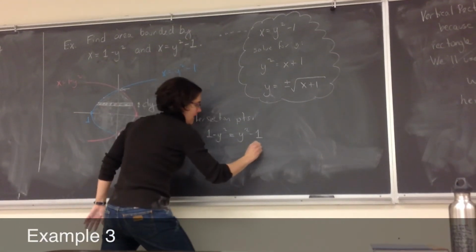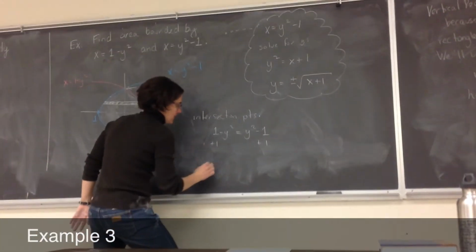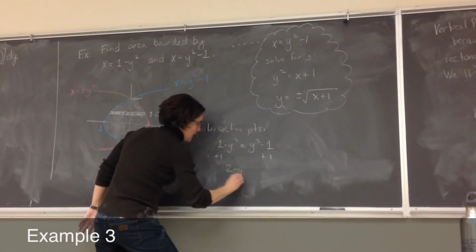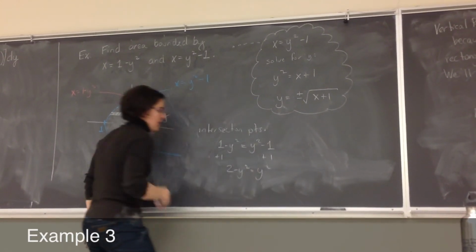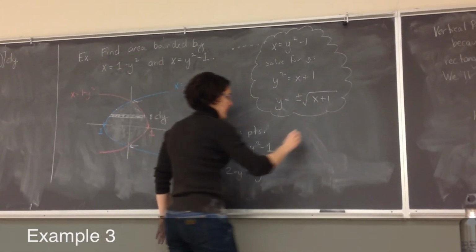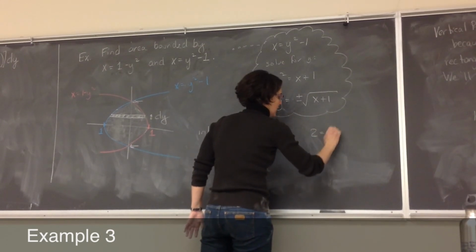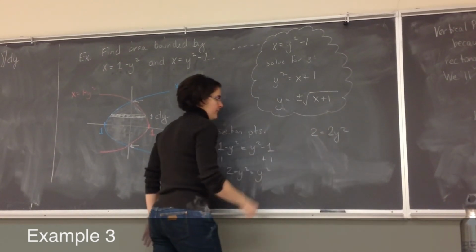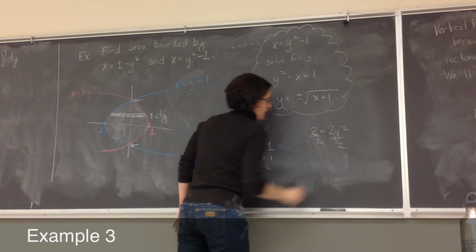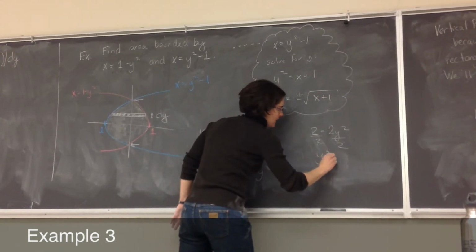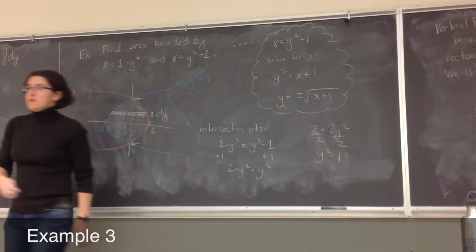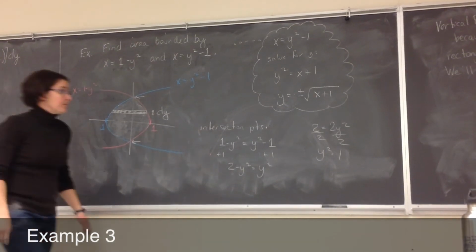If I add 1 to both sides, then I've got 2 minus y squared equals y squared. Move the y squared over to the right side, and we've got 2 is equal to 2y squared. Divide both sides by 2, we've got y squared equals 1. And when you take the square root of that, you get plus or minus 1.